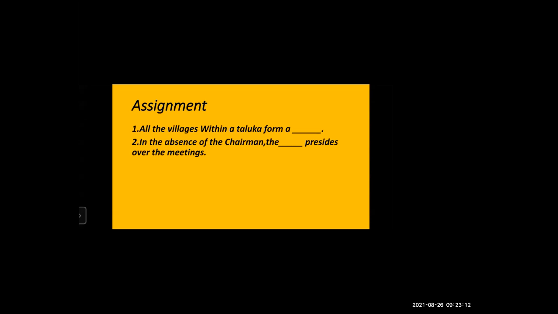Okay, I will give you one hint. In Gram Panchayat, we have seen if the Sarpanch is not there, then the Deputy Sarpanch looks after the administration work. In Zilla Parishad also, if the President is not there, the Vice President is there. So in the absence of chairman, the dash presides over the meeting.